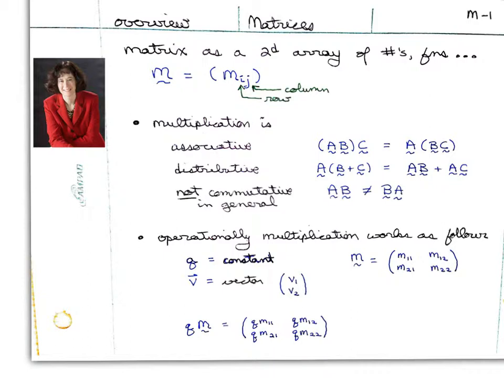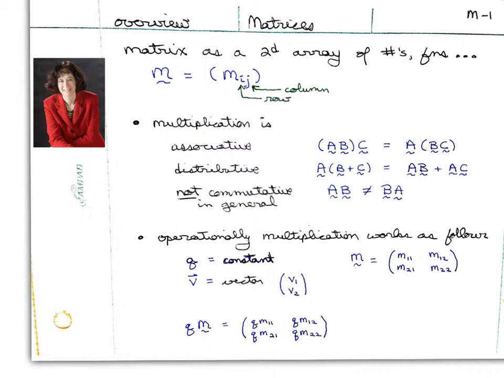Matrix multiplication is also distributive, as illustrated here. If I multiply matrix A by the sum of matrices B and C, it's the same as if I had added the product of matrices AB and AC. However, matrix multiplication is not commutative, generally speaking.